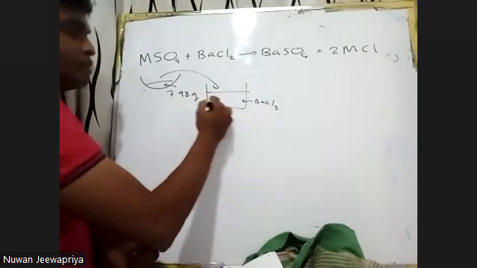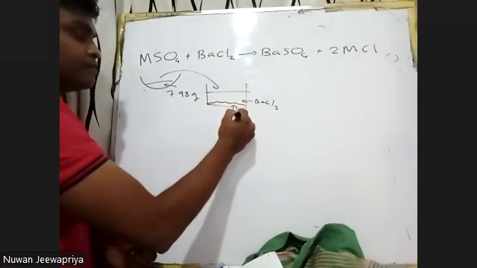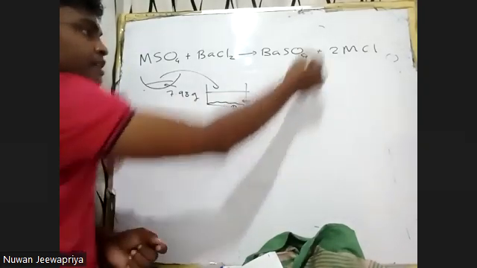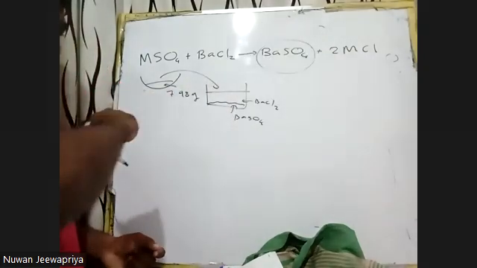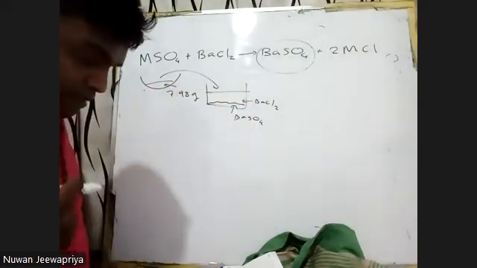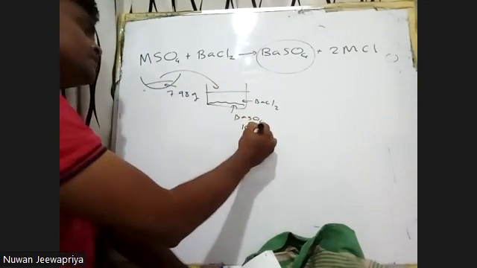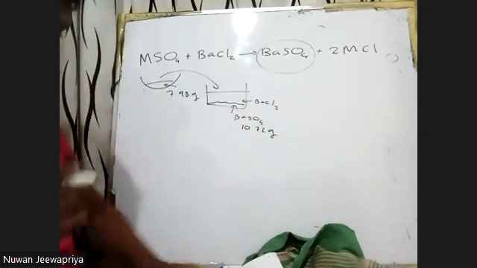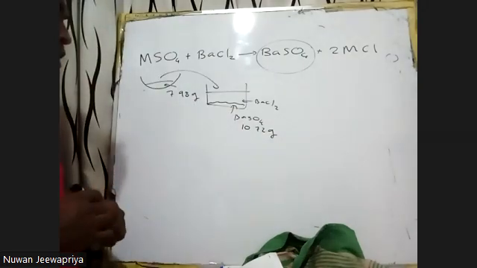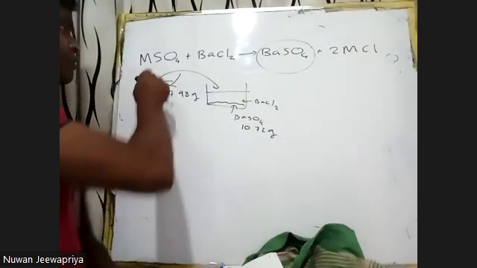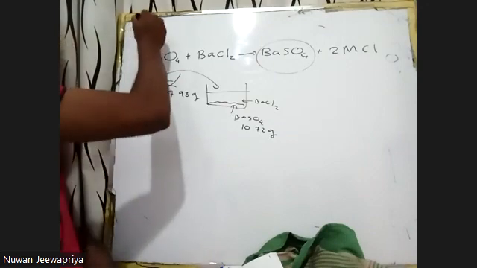So then it finally makes the barium sulfate precipitate. This is the mass of this barium sulfate precipitate, 10.72 grams. Using these facts, I want to find what this M is.